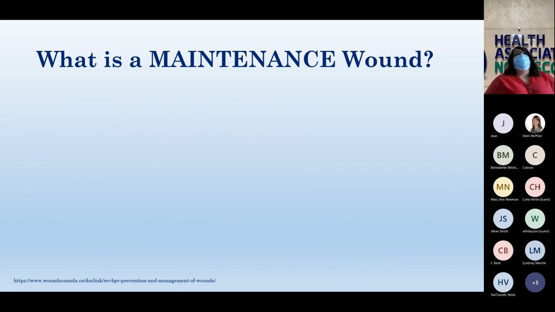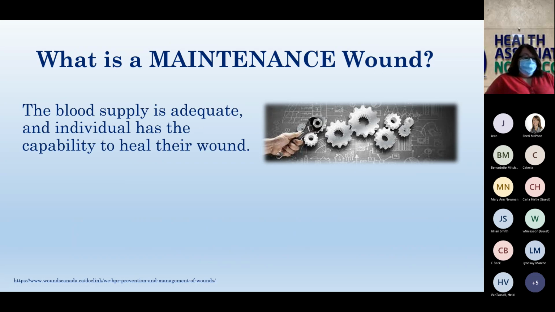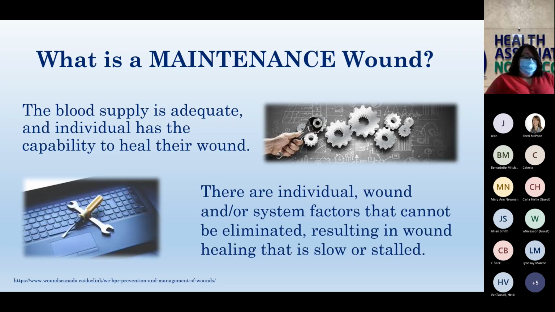And finally, we have maintenance wounds. These are wounds which the blood supply is adequate and the individual has the capability to heal their wound. However, there are individual wound and or system factors that cannot be eliminated, resulting in wound healing that is slow or stalled.